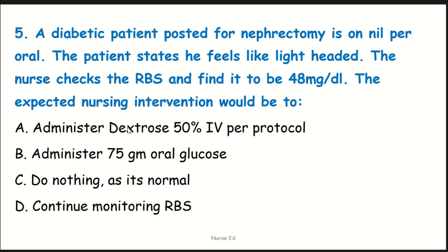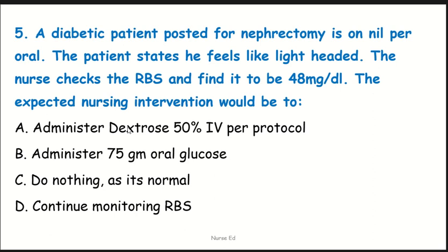Question number 5. A diabetic patient posted for nephrectomy is on nil per oral. The patient states he feels lightheaded. The nurse checks the RBS and finds it to be 48 mg per deciliter. The expected nursing intervention would be to option A, administer dextrose 50% IV per protocol.